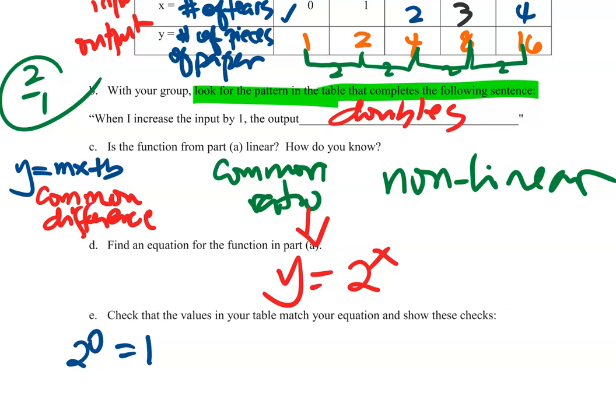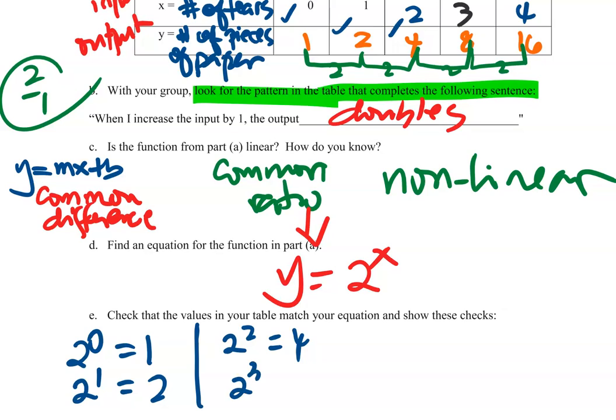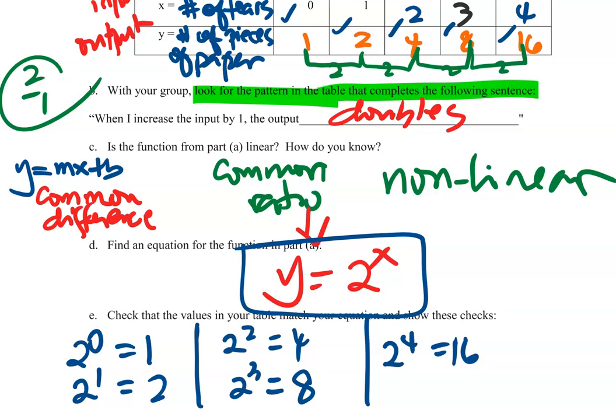And 2 raised to 1 is equal to 2. So this is correct. How about 2 raised to 2 is equal to 4. That is correct. 2 cubed, 2 times 2 times 2, is 8. And 2 to the 4th is equal to 16. So this is correct.